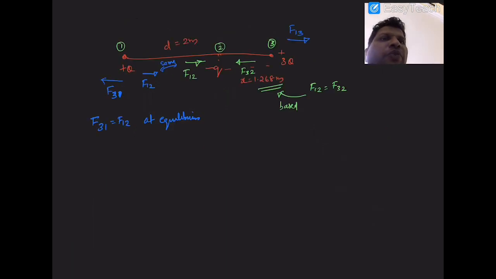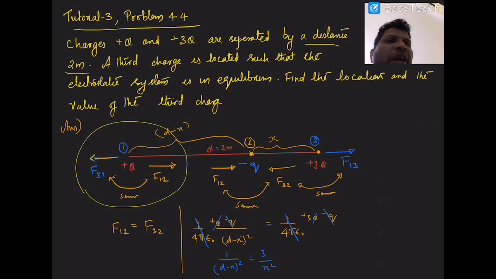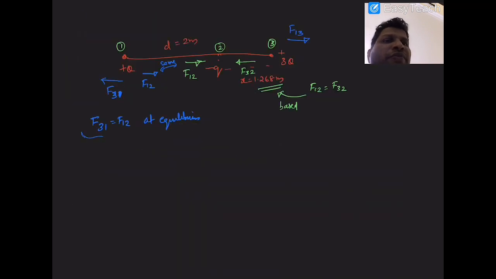So now the second part of the question is to find the value of the third charge. To find the value of the third charge, we will take this equilibrium condition. That means F31. What is F31? F31 is the force between 1 and 3. That means it will be equal to 1 by 4 pi epsilon 0 plus Q multiplied with plus 3Q divided by the distance between them, which is D, so D square.